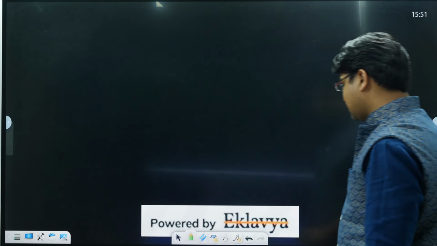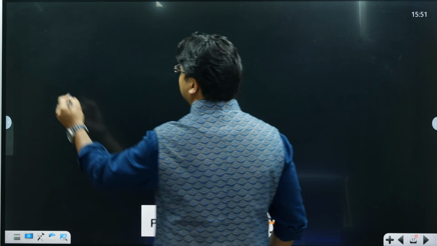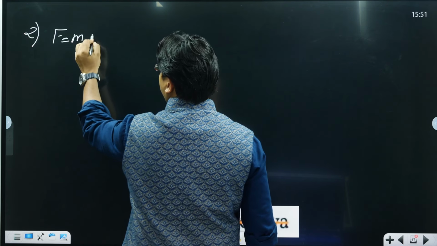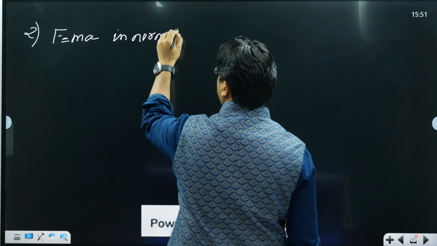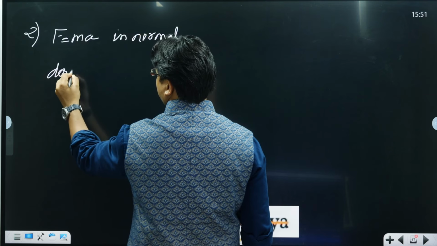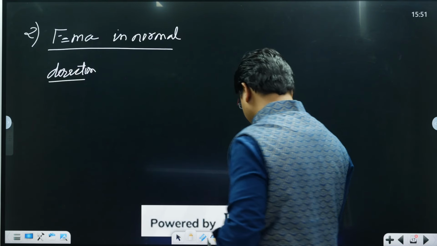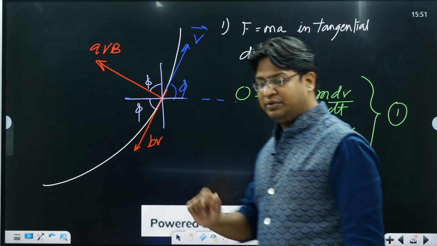Now my next concept that I'm going to use would be writing F equal to ma in normal direction. So what is the force in the normal direction? The force in the normal direction is QVB.